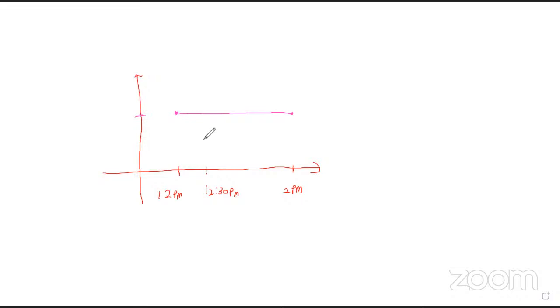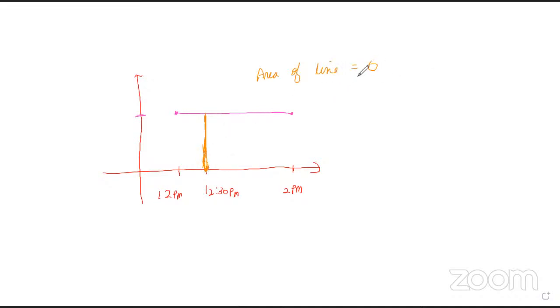Any doubt in this? No, sir. Okay. So we need to find the probability exactly at 12:30. Exactly at 12:30 means this line only, right? But what is the area of a line in general? 0. So the area under the curve exactly at 12:30 p.m. would be 0.